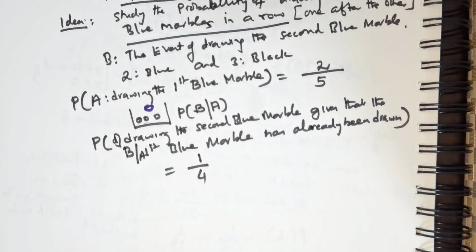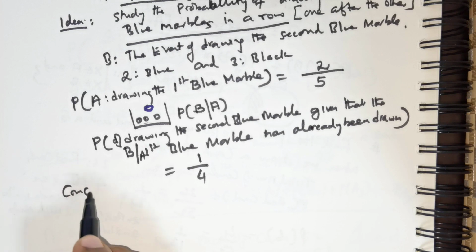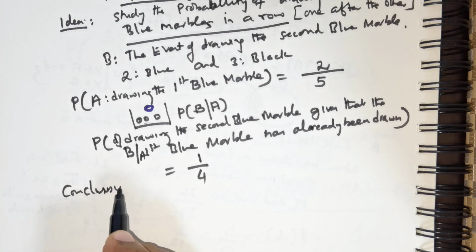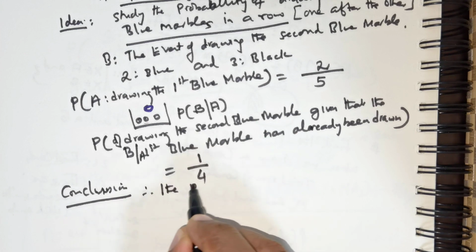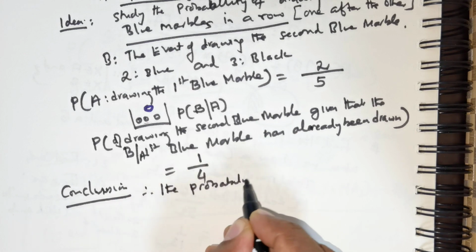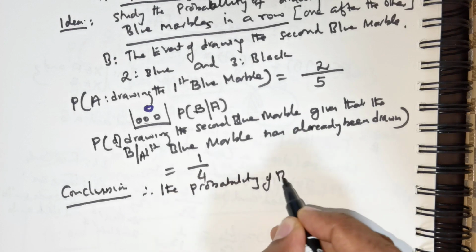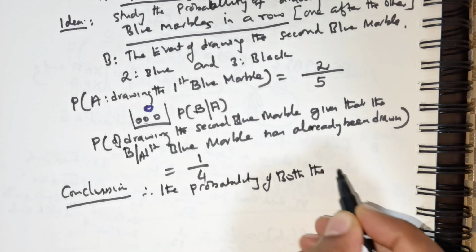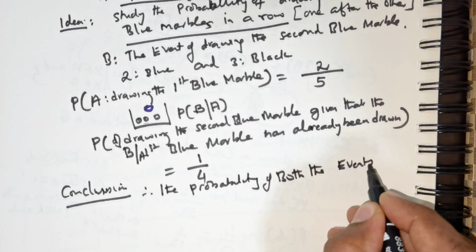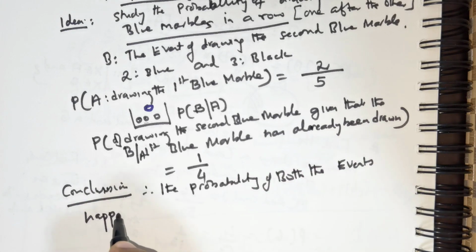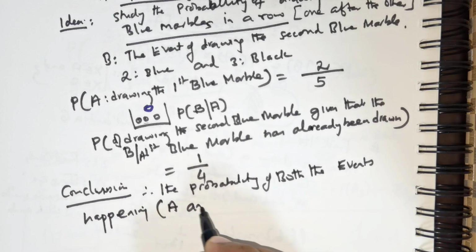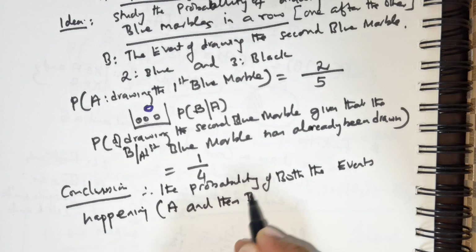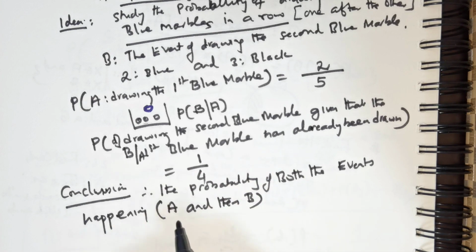And to sum up, what is the conclusion? What are we interested in? Therefore, the probability of both the events happening, first A and then B. So the first blue marble is drawn, and then subsequently the next blue marble is drawn.